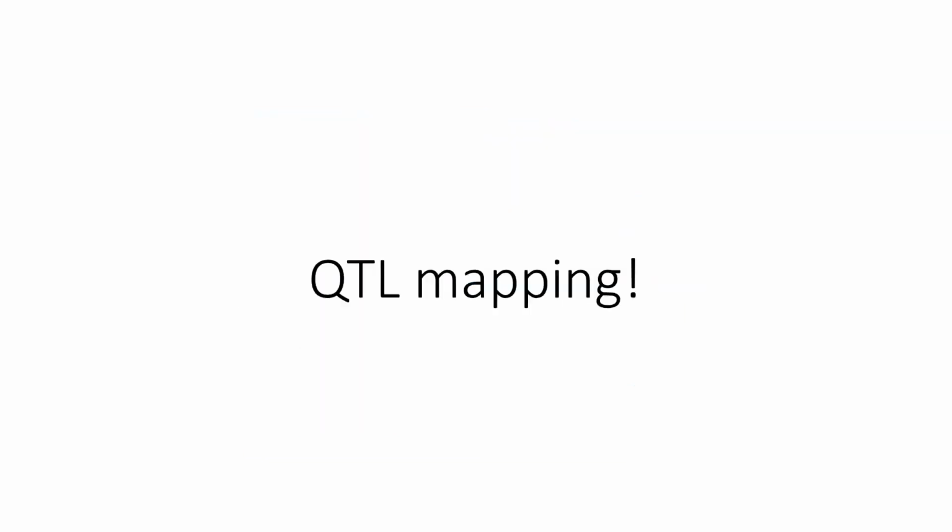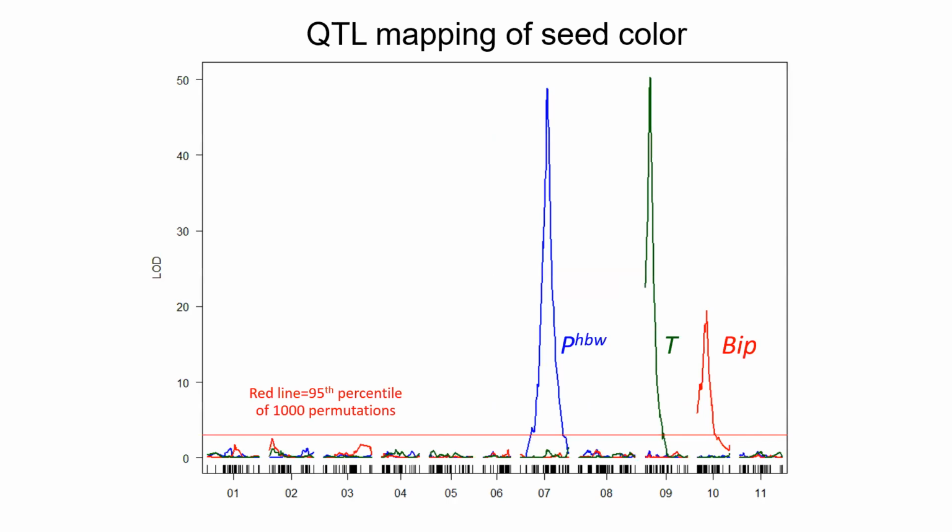And we said, well, let's map this and put it to the test and find out where specifically these are mapping. So we did the QTL mapping, and you can see that we had these three major peaks. When it's fully mutated, it leads to a white seed color, and that actually has been studied.